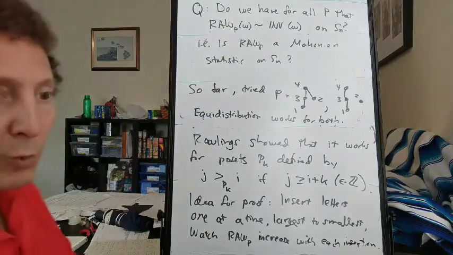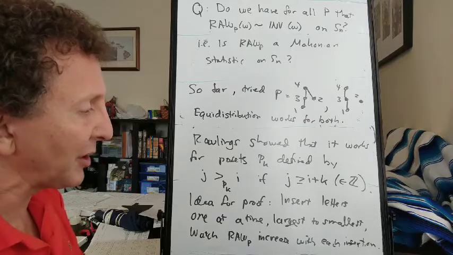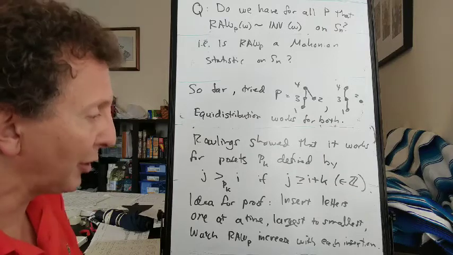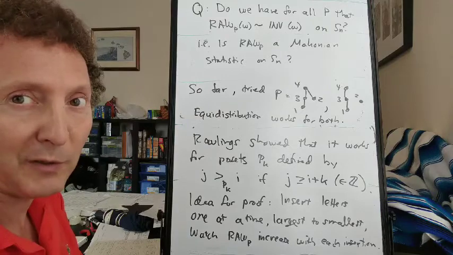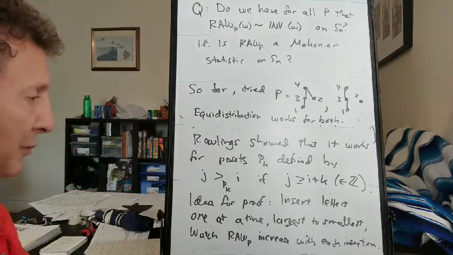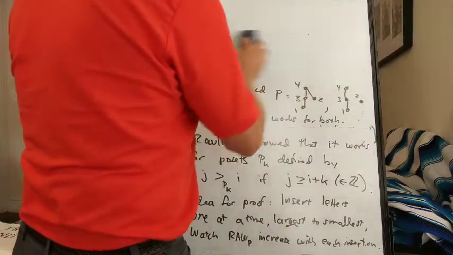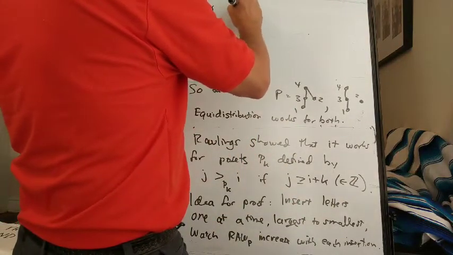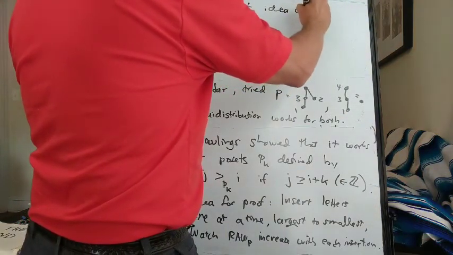That is, it's going to be 0 for one letter because there's no inversions or descents. And then hopefully with insertion of the next letter it would increase by 0 or 1. And then with the insertion of the third letter it would increase by 0, 1, or 2. With the insertion of the fourth letter it would increase by 0, 1, 2, or 3. Unfortunately, this proof idea doesn't work.